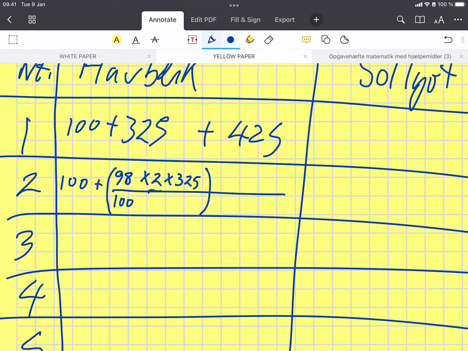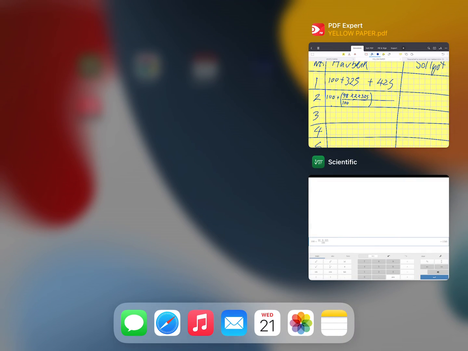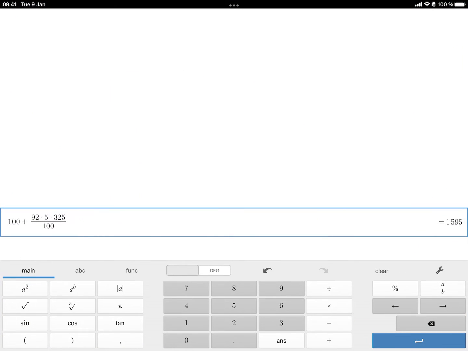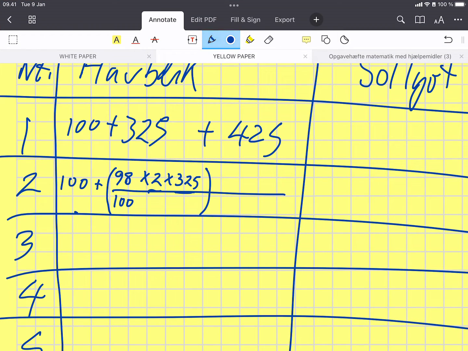So 2 nights, 325 kroner a night, but only paying 98% because of the discount, and then plus 100 for the card. So I'm just going to go on my calculator and figure out what that is. Okay, so it comes to 737.